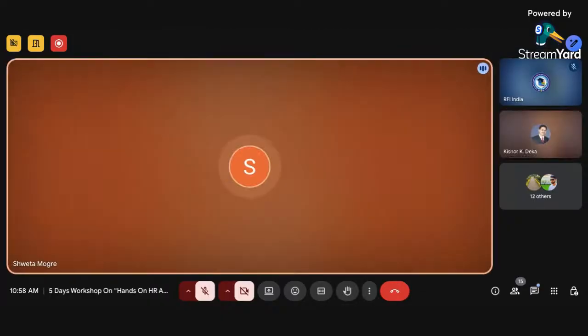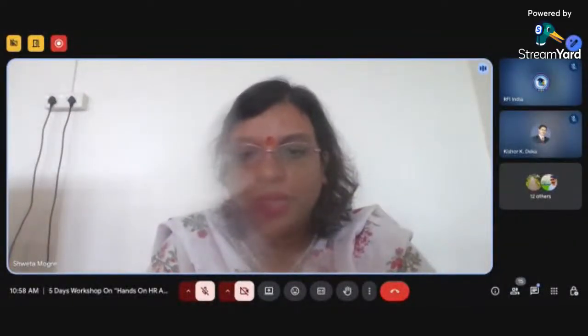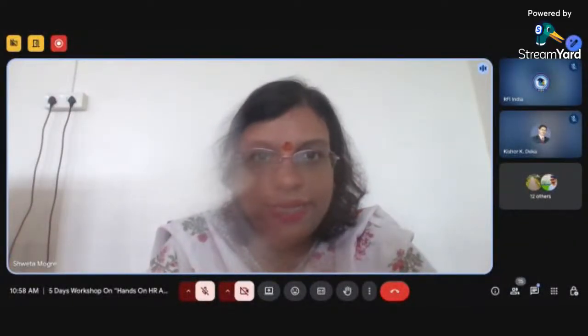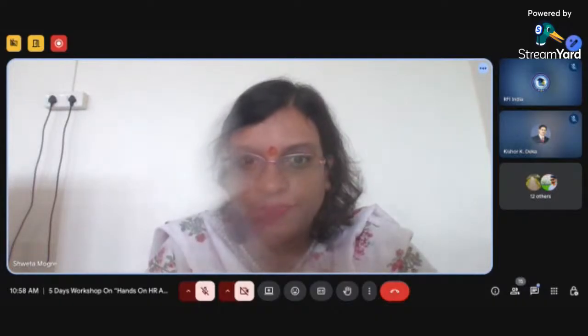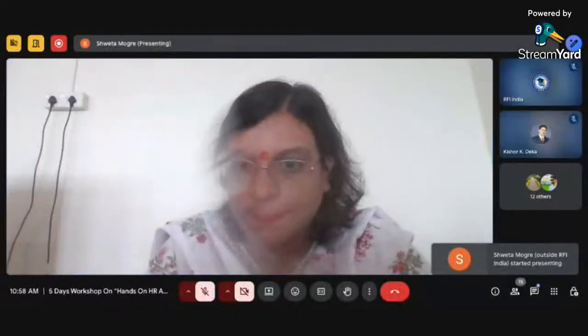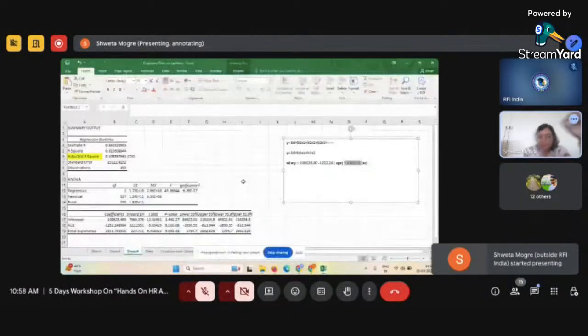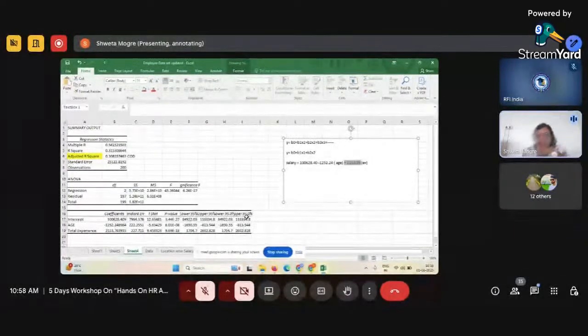I'm again moving to the employee data set. Regression 1. So I hope this sheet number 4 of regression is visible now.